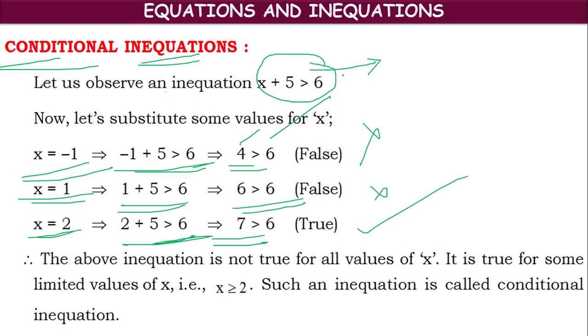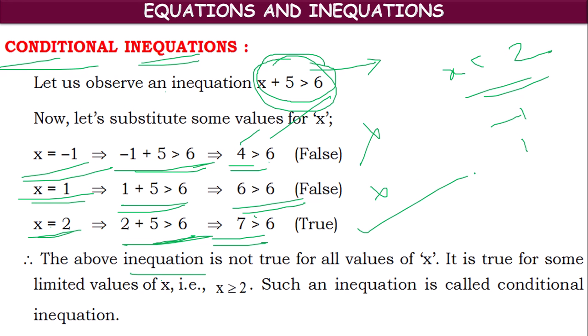Means for the inequation which we have taken, for some values of the variable it is true, and for some values of the variable it is not true. For values x less than 2, like minus 1, 1, it is not true.